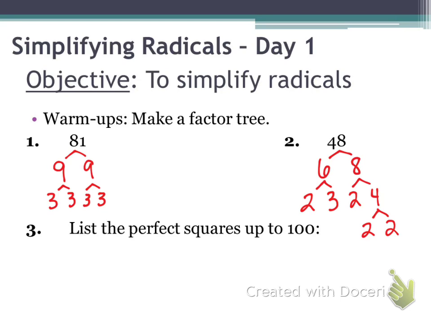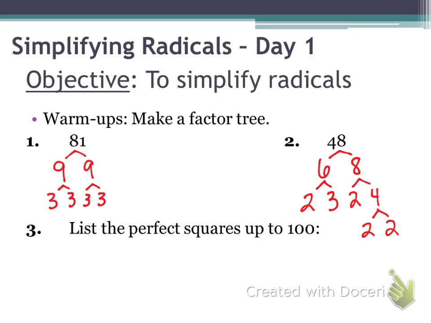All right, number 3 asks us to list the perfect squares up to 100. So let's start small and go in order. What's our first perfect square number? 2. Remember, perfect squares come from taking a number times itself. 64 is a perfect square number, but it's not where we want to start.